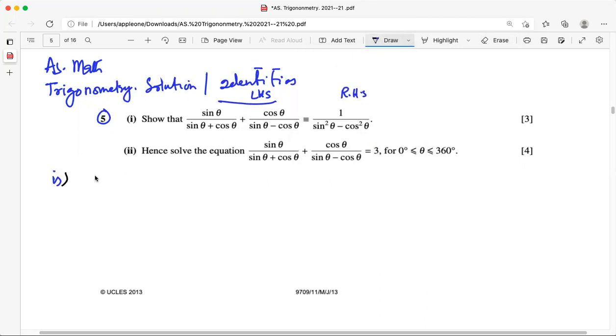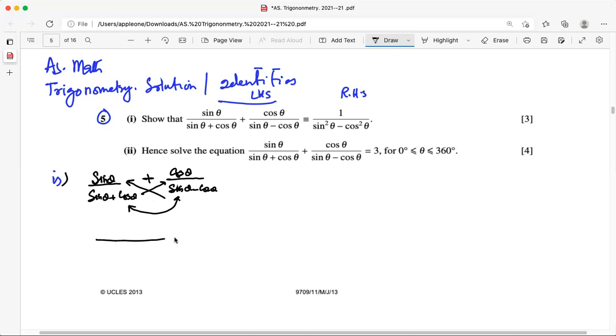First, I will write the same thing: sine theta over cos theta plus sine theta, plus cos theta divided by sine theta minus cos theta. Now, these are two fractions, so the best way of dealing with them is the cross method.